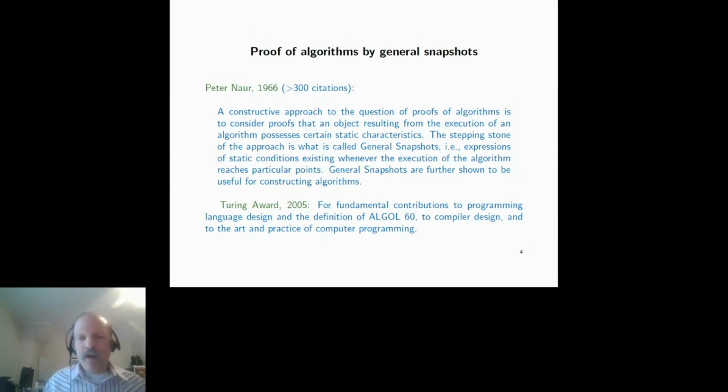But if you look at what the general snapshots are, again, these are essentially assertions that you put on the state, an expression of a static condition existing whenever the execution of the algorithm reaches a particular point. So again, it's a method of assertions. And again, this did not make it into his Turing Award citation, which was mostly for programming language design. But you find the same idea that goes back to Turing.